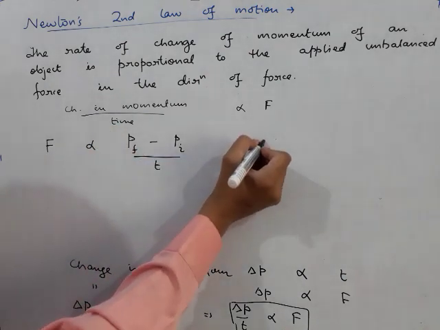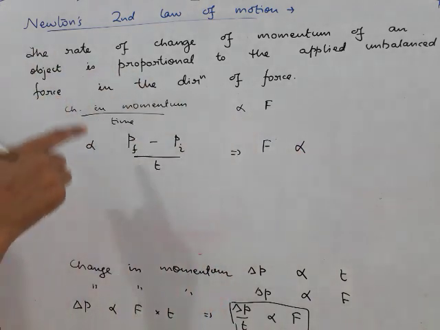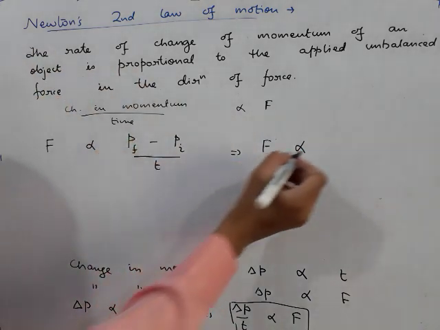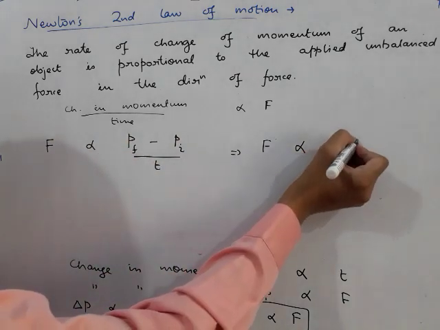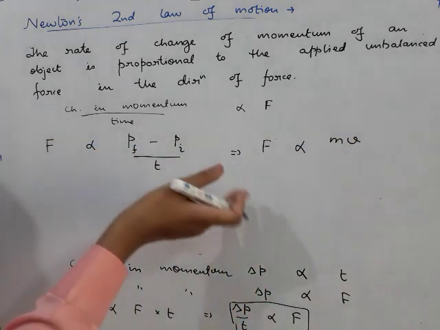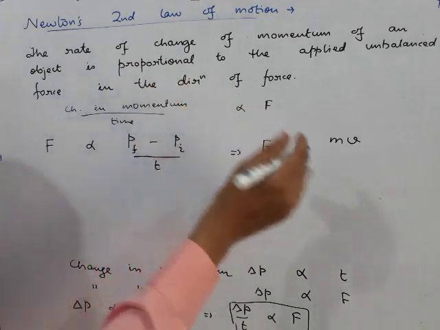So this implies force is proportional to, now what is the formula for momentum? Mass into velocity. This is final momentum, so final velocity we will write as V. You can consult the previous figure which I have discussed just now.